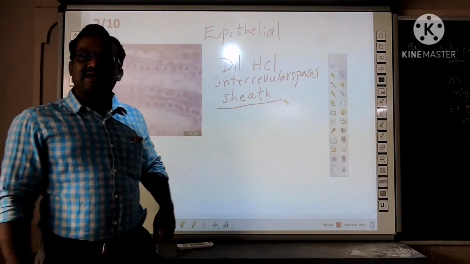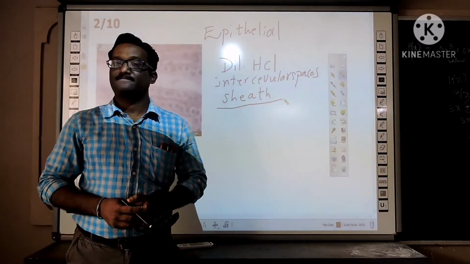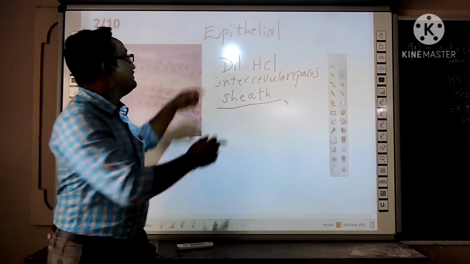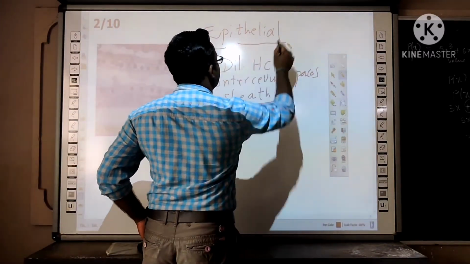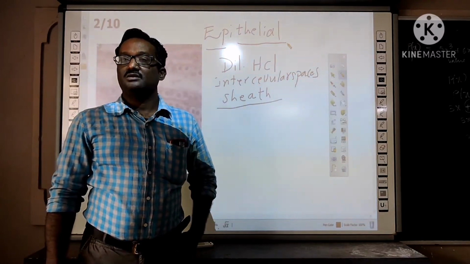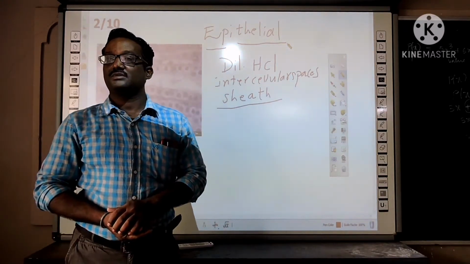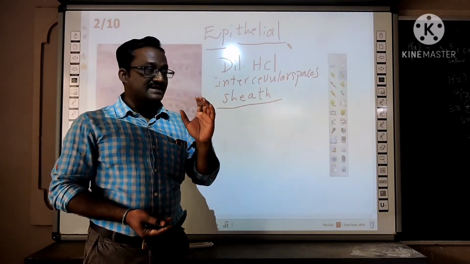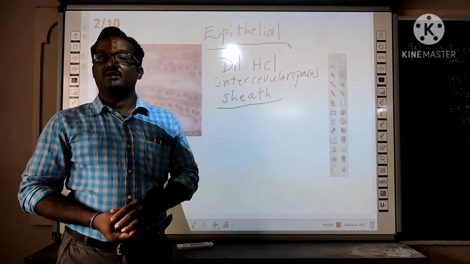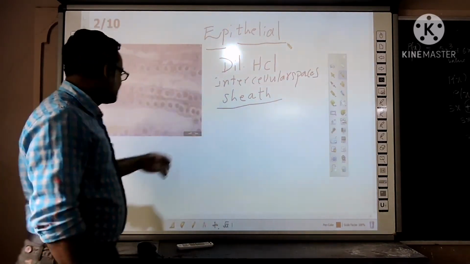Internal organs also are lined with epithelial tissue. So epi means outer, thelial means tissue. Outer tissue. We can find it in the external body and internal organs. Based on structure and function, epithelial tissue is of different types.